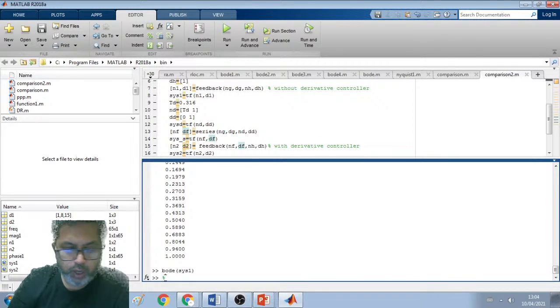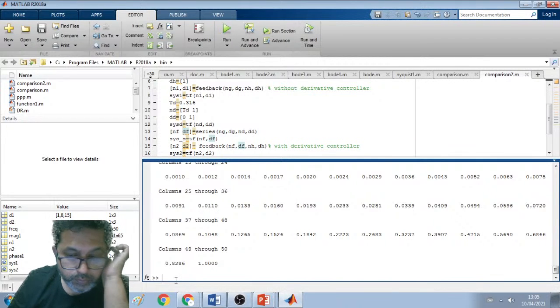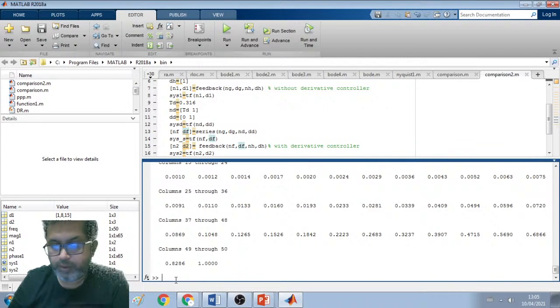Then we will write down the frequency range. So frequency is equal to logspace minus 1 comma 3.